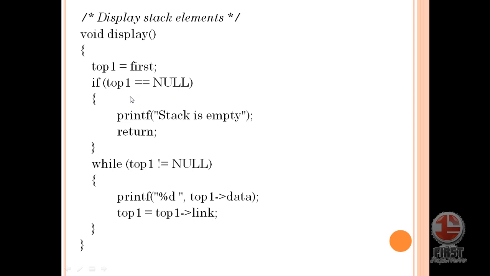If top1 is not equal to null, meaning we have a few nodes in the stack or in the linked list, then we print the data field of the node, right? And we increment the pointer using top1 equals top1 pointer link till it becomes null. I hope this is clear.